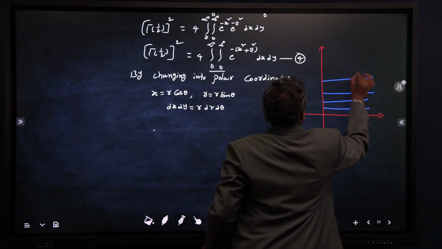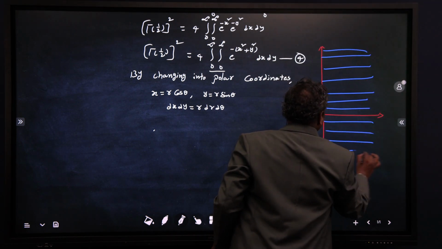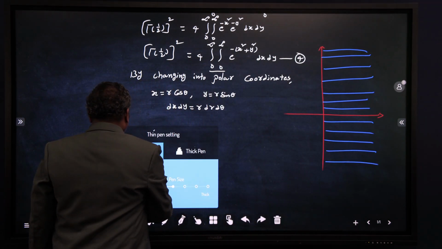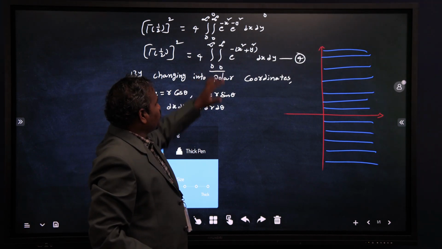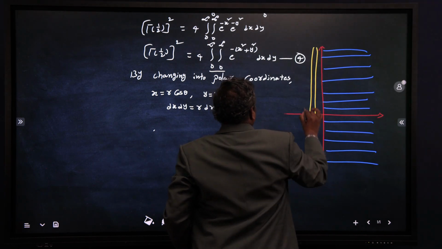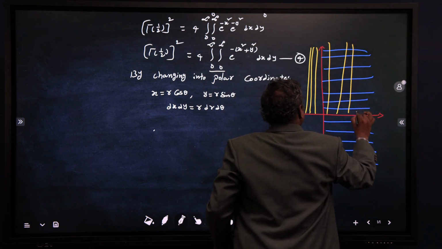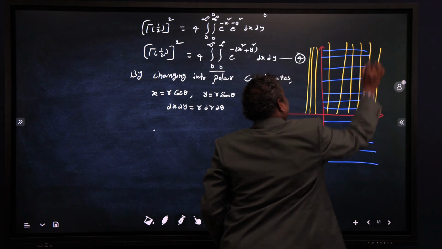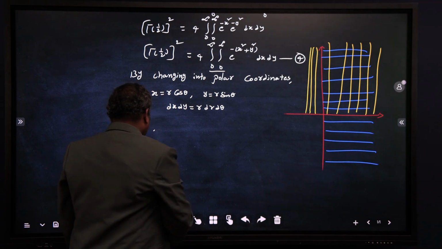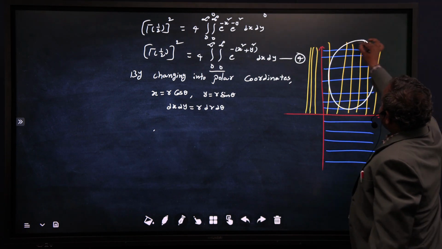This total region is 0 to infinity. Coming to the y limits, y changing from 0 to infinity, this total region is 0 to infinity. If you observe x and y, the common region is the first quadrant.